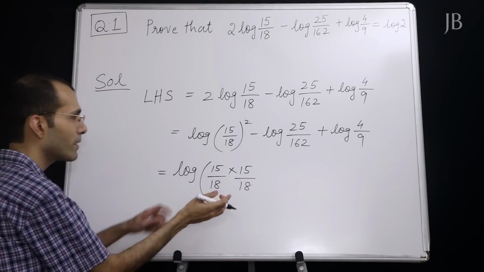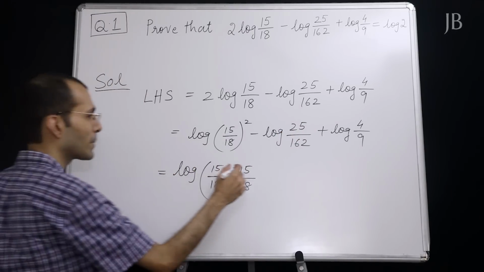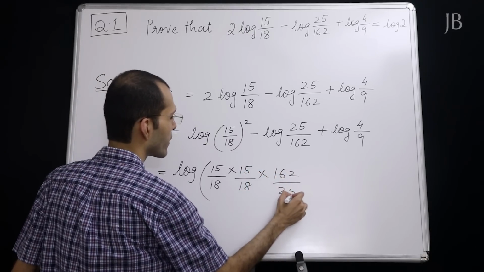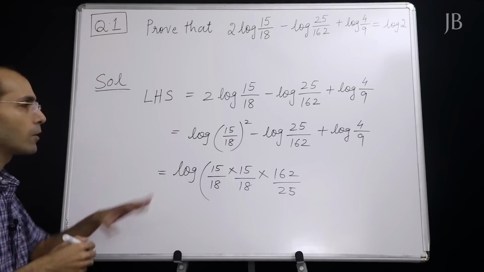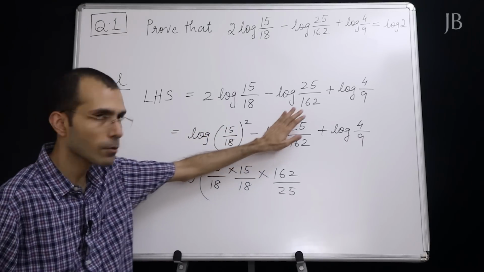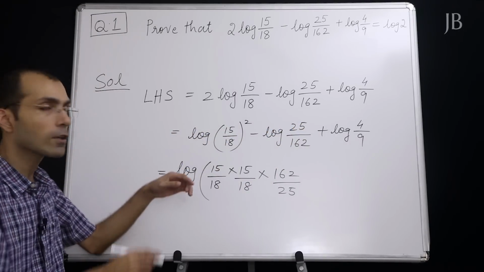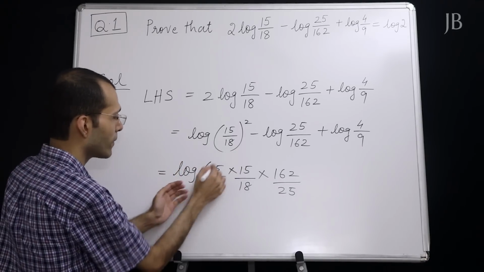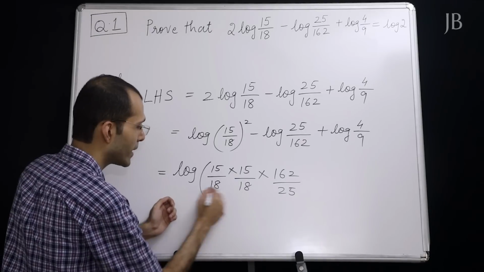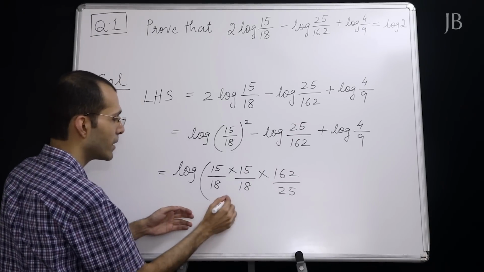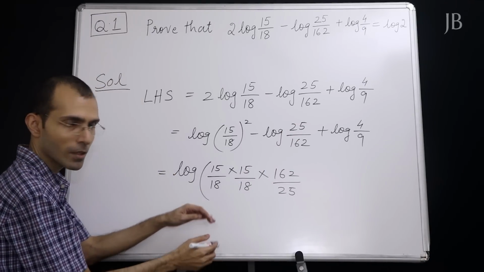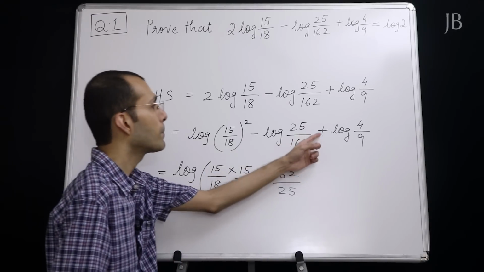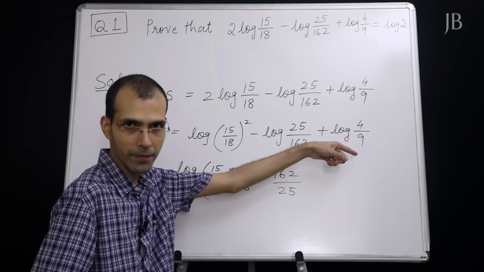When I am dividing, it becomes reciprocal multiplication, into 162 upon 25. See, log a minus log b is log of a by b. So this is log of a divided by b, so divided by 25 upon 162, it will become into 162 upon 25 plus log of 4 by 9.